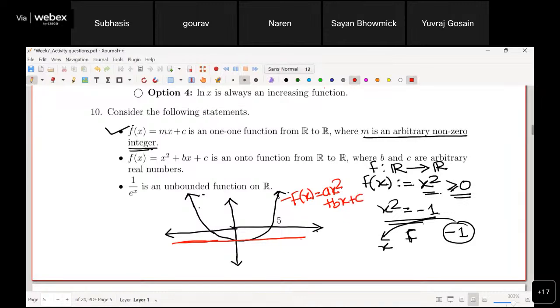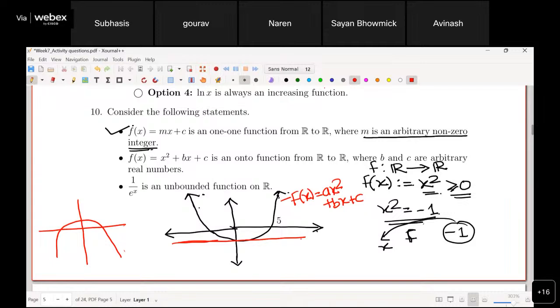Similarly, instead of this being open upward, suppose my function is open downward.